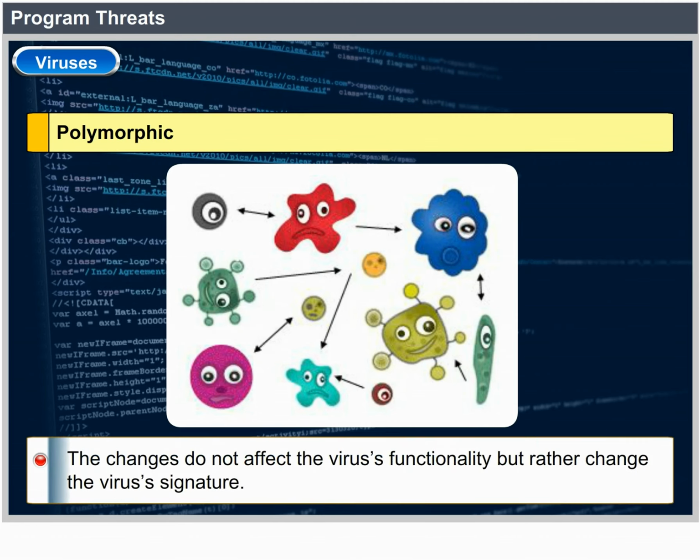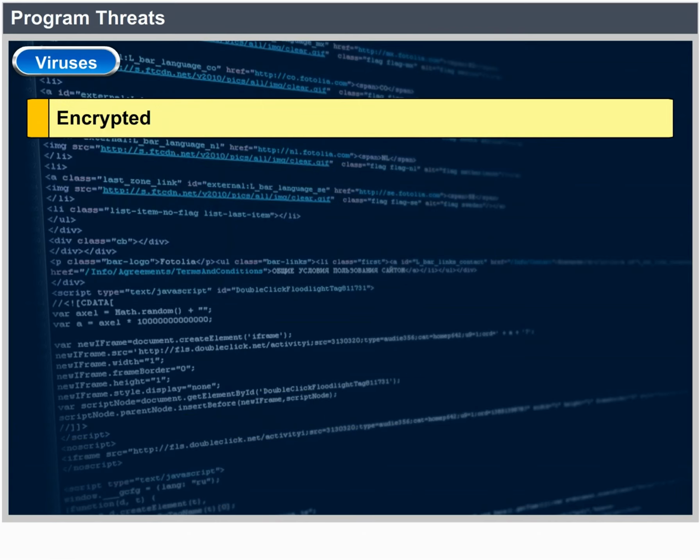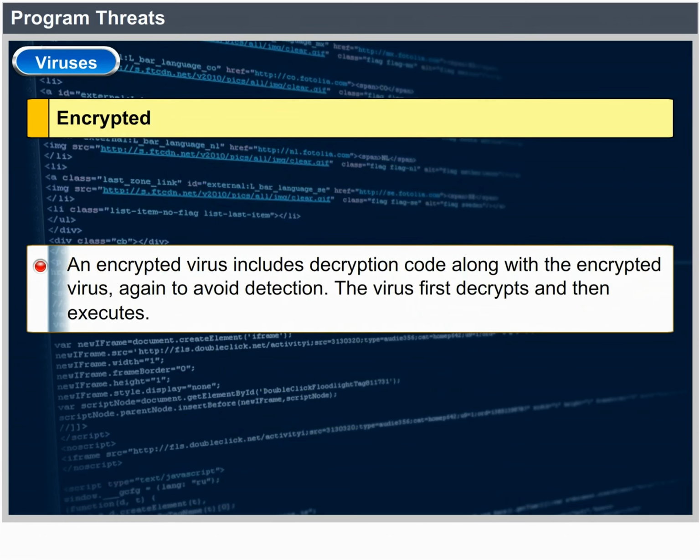A virus signature is a pattern that can be used to identify a virus, typically a series of bytes that make up the virus code. Encrypted. An encrypted virus includes decryption code along with the encrypted virus, again to avoid detection. The virus first decrypts and then executes.